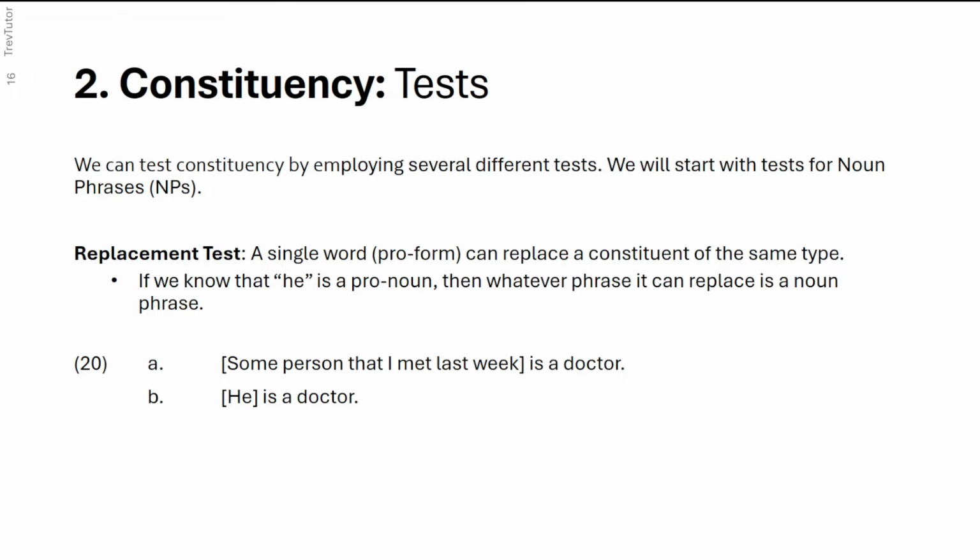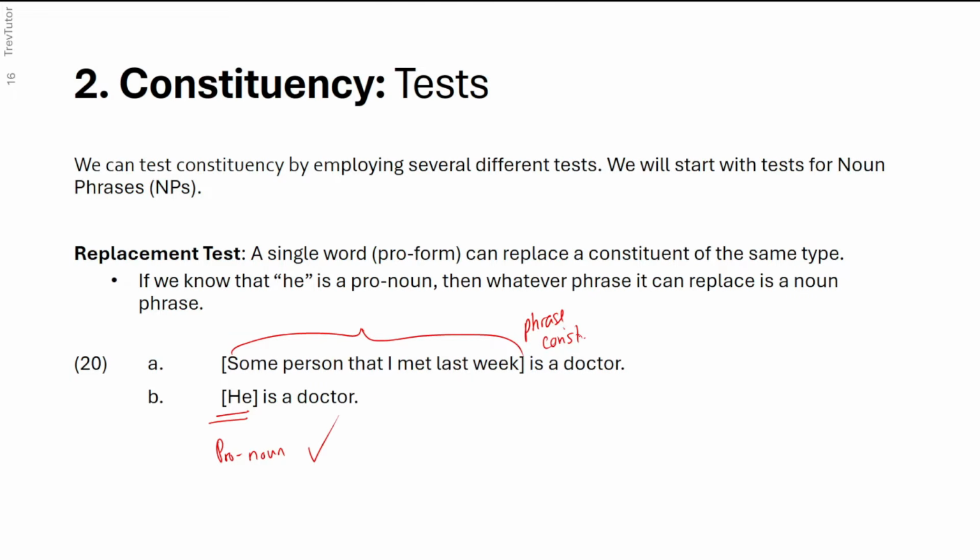So some person that I met last week is a doctor, and I want to ask, is this whole thing a phrase or not? Well, if this is a subject, I should be able to replace it with a word like he, which is a pronoun. So if I can do that, which I can, he is a doctor, I can say, yes, this is, in fact, a phrase. It is a constituent.